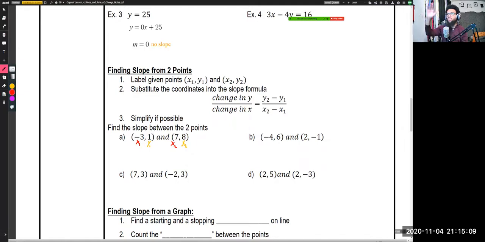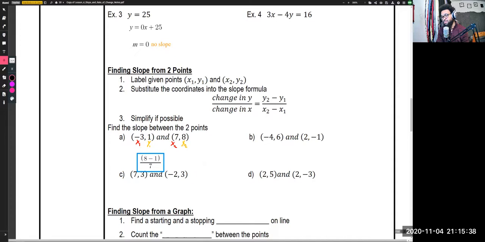So when we write this y2 minus y1 over x2 minus x1, I'm going to take this y2 here, which is my 8, minus, and actually I'm going to put this in parentheses so I can write it correctly in Kami. I have 8, my y2, minus my y1, which is 1. I'll close that parentheses. Divided by this x2, which is 7.